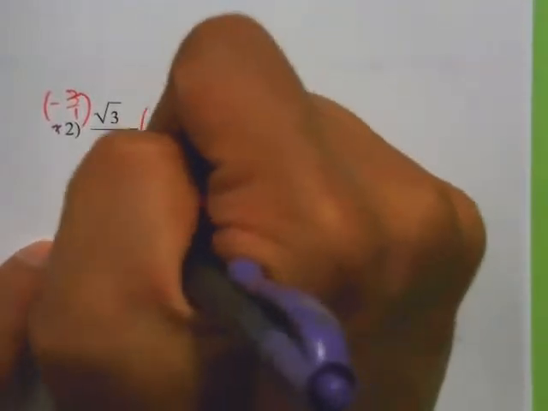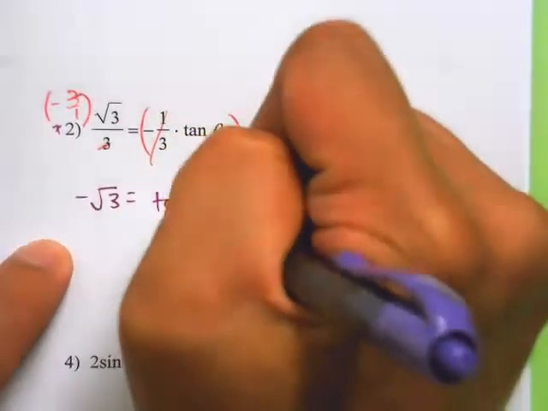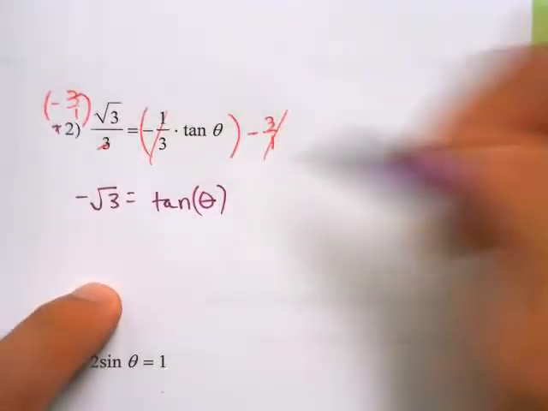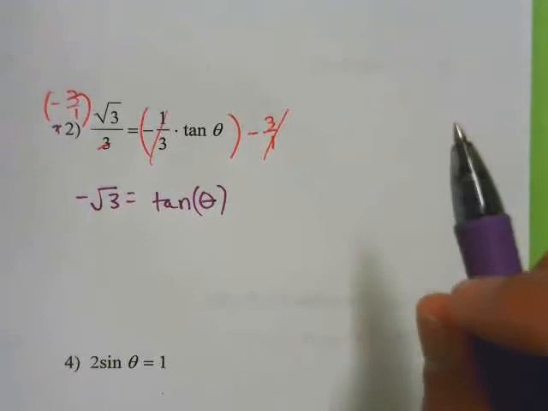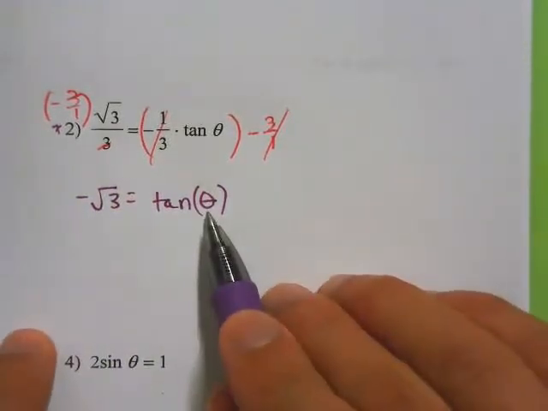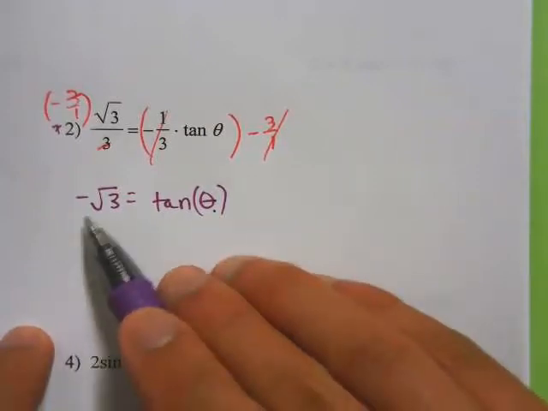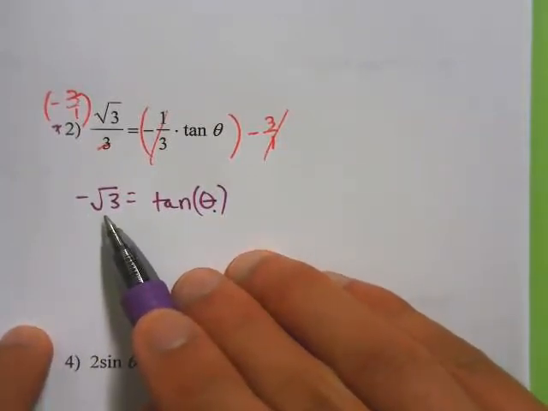So now we have negative square root of 3 is equal to tangent of theta. What you're really asking now is, without a calculator, what radian or angle makes tangent negative square root of 3.